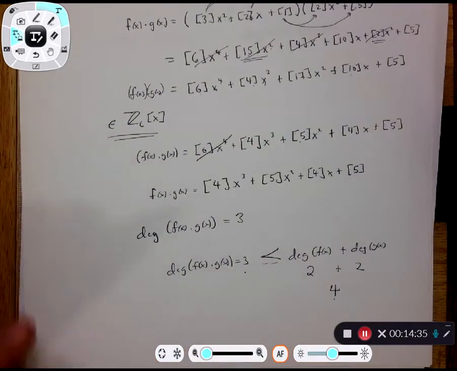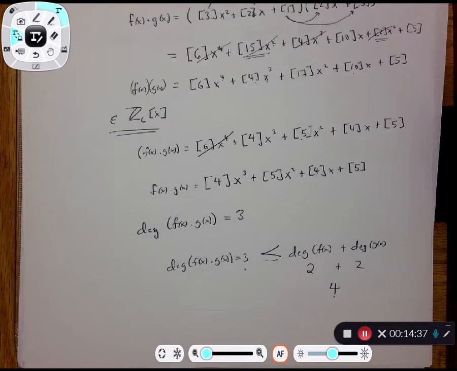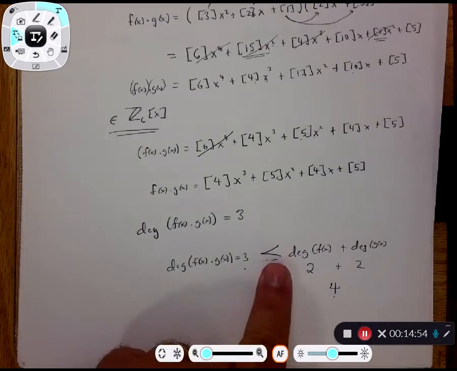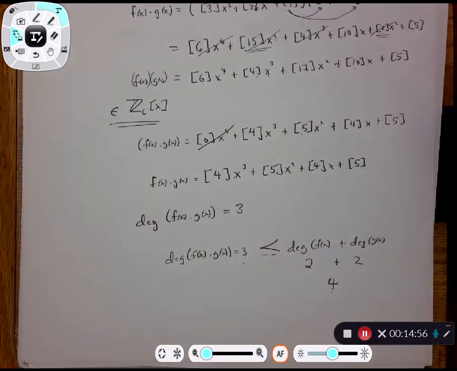And when the ring attached to the x's for these polynomial rings is an integral domain, then these will actually be equal, because you won't have to worry about terms killing themselves off. But when you just have arbitrary rings, you get that formula: the degree of f of x times g of x is less than or equal to the degree of f of x plus the degree of g of x.